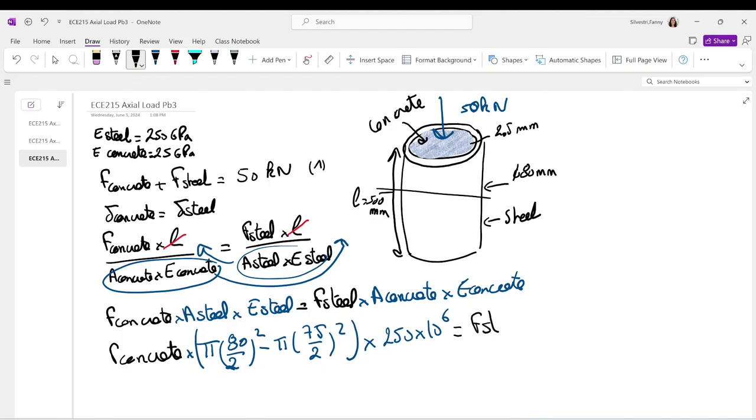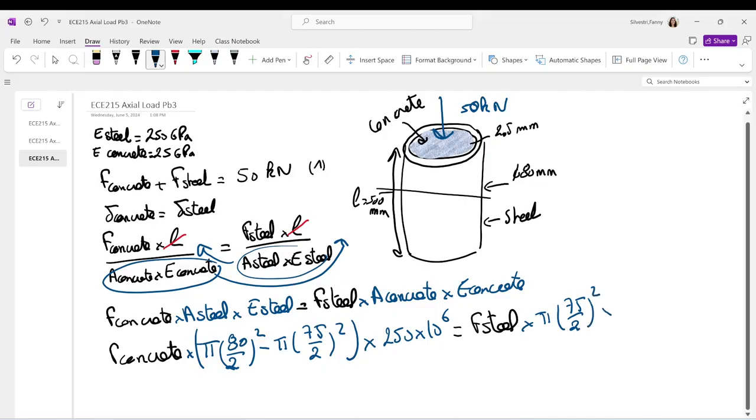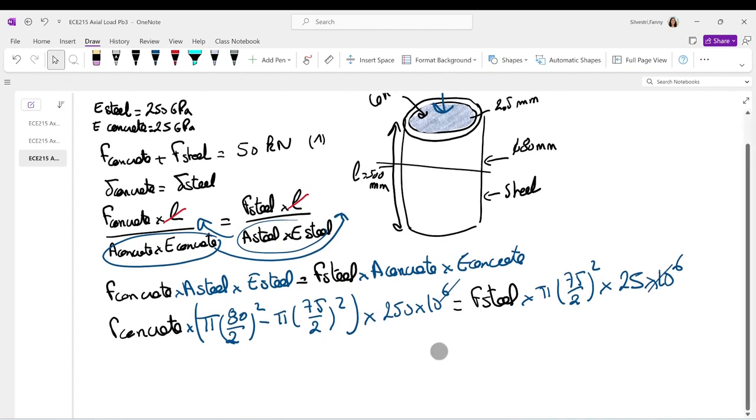It's equal to the force of the steel times the area of the concrete, that will be pi times 75 divided by 2, the diameter of the concrete, squared, don't forget the square, times the Young modulus of the concrete, that is 25 times 10^6. We have 10^6 on both sides, so we can remove them.